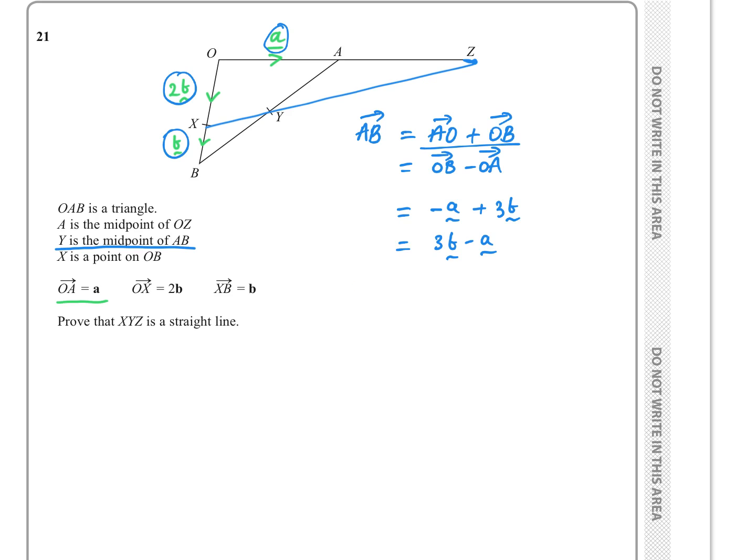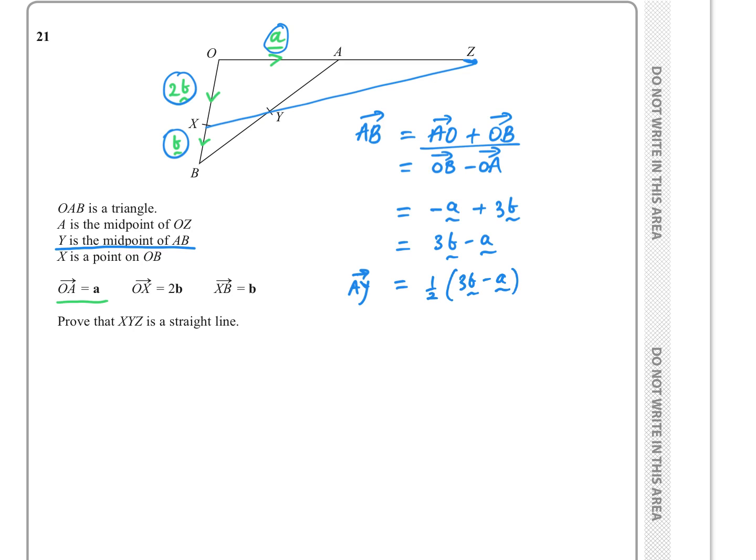So surely if I want to do the journey from A to Y, so from here to here, then it's going to be half the journey from A to B. So it's going to be a half of 3B minus A.